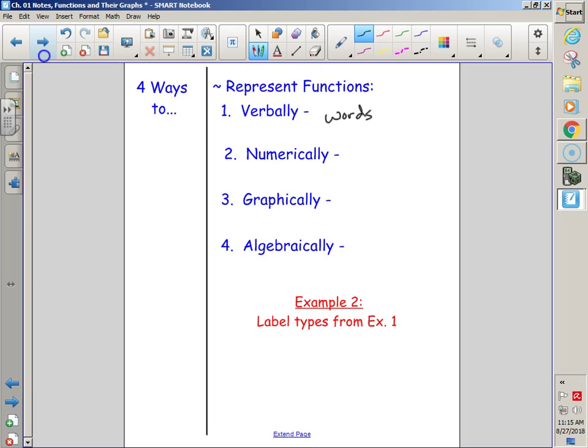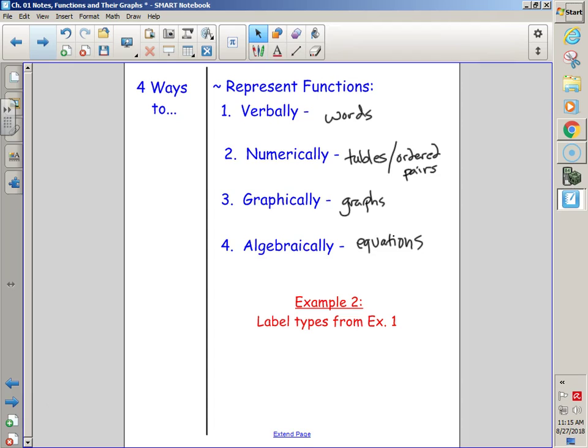Either the relationship can be described just verbally with words, like the senators and representatives example, numerically with tables or ordered pairs, which would be like data points, like statistical studies, etc. Graphs, I mean, that one's easy. Or algebraically with equations. And ironically, even though you guys have known words a lot longer than equations, almost everyone would rather math be given to them in equations. But we'll see how you guys do when we get a little bit further into functions tomorrow.